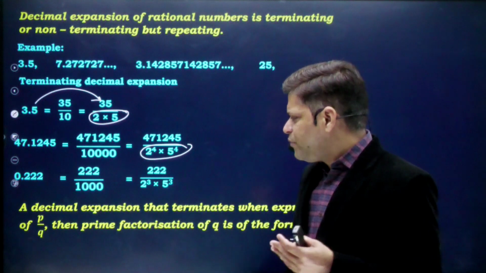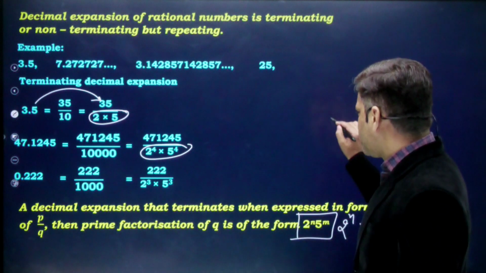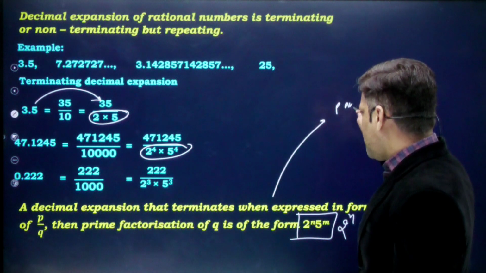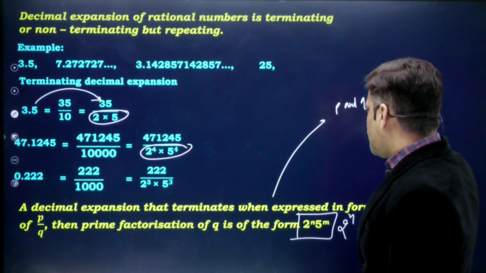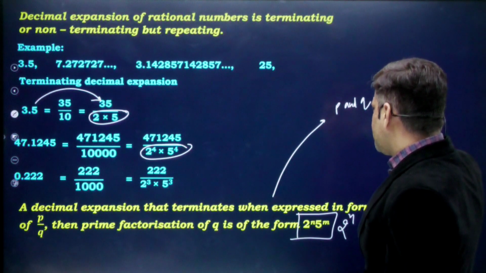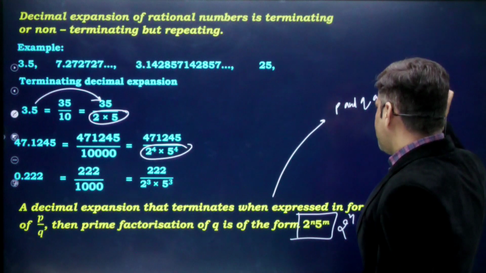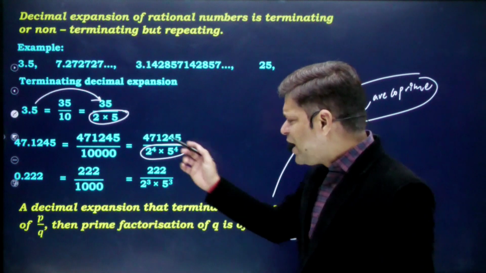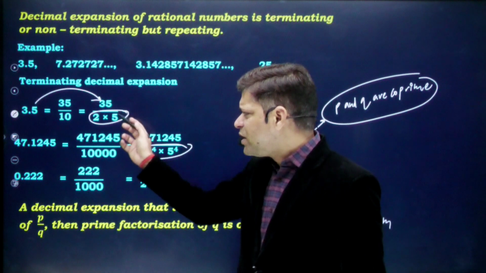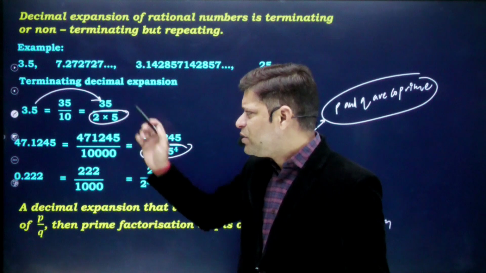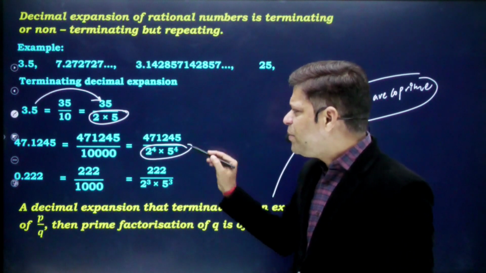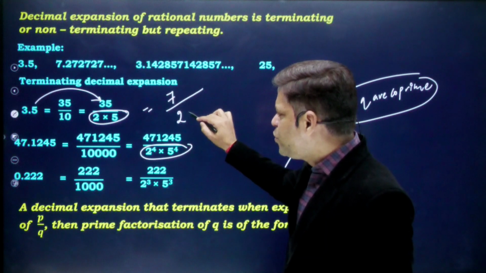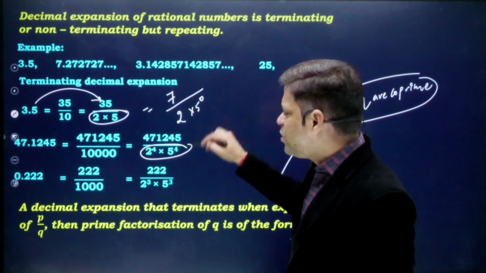Here we also have some important properties with this statement: p and q are co-prime. As in this example, 35 cancels out by 5, 7 times, so it will be converted into the form of 7 over 2 into 5 raised to the power 0.